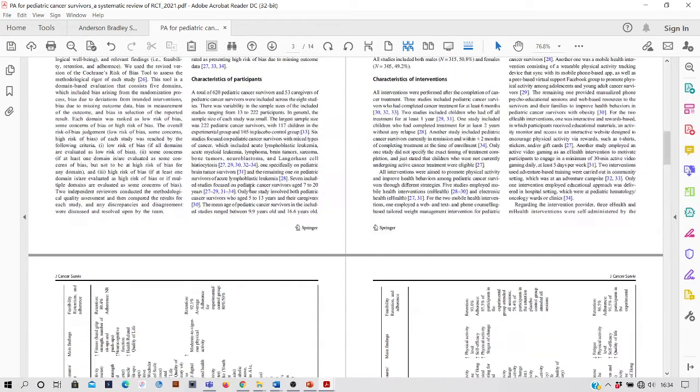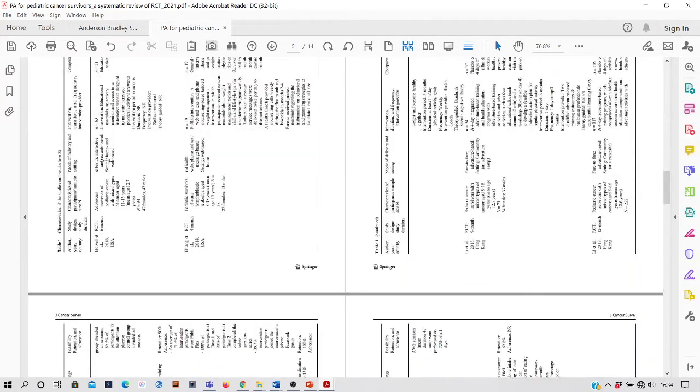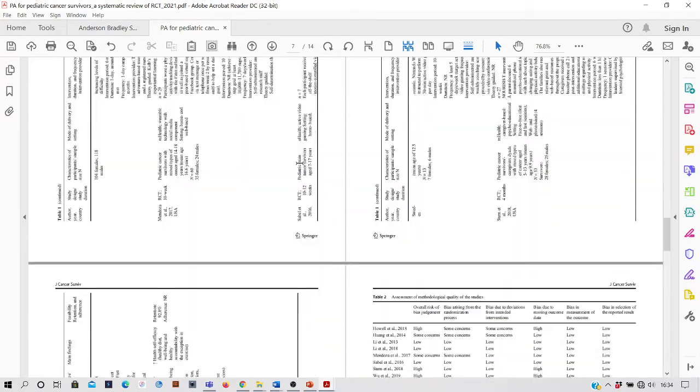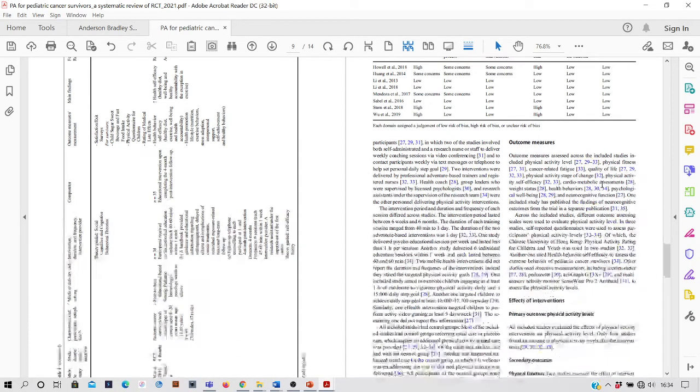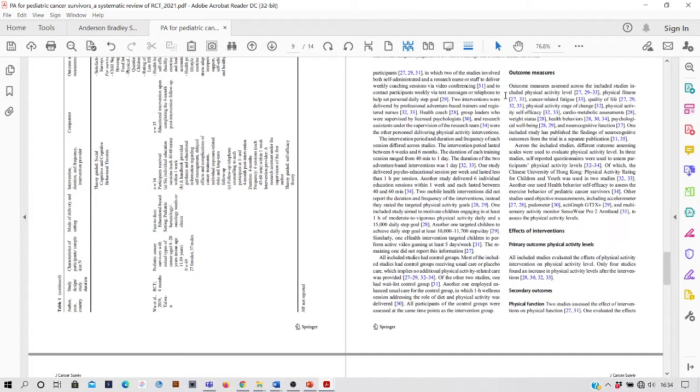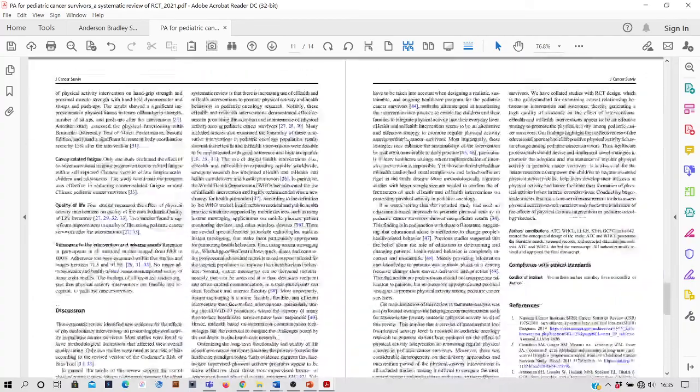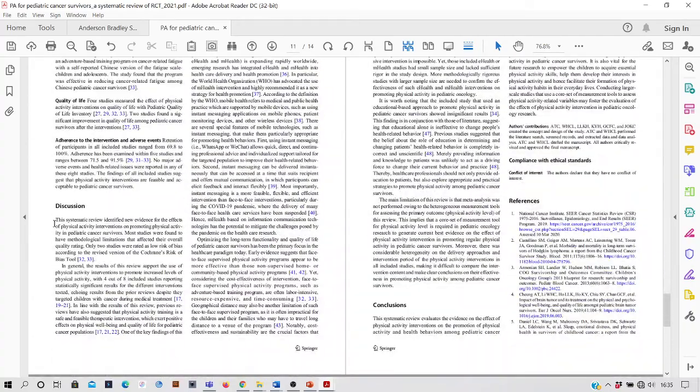Yeah, so it just describes all of that, and you definitely need the characteristics of the studies that you ended up with finally, and hopefully it's a nicely manageable number. And just talk a bit about the population, the intervention, the outcome measures, and any effects, and then onto your discussion, and you're home free.